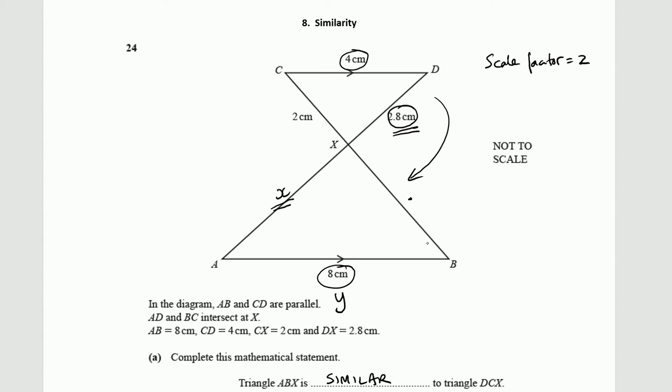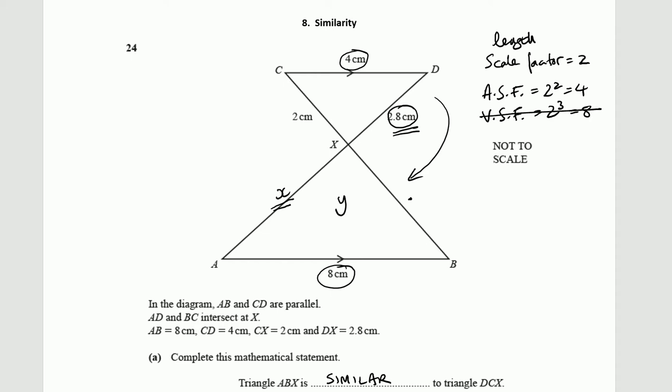Now, in order to get an area scale factor, we have to square our length scale factor. So over here I said the scale factor was 2, but what I really meant was the length scale factor was 2. That means the area scale factor is 2 squared, which is 4. And if it was a 3D shape, the volume scale factor would be 2 cubed, which is 8.